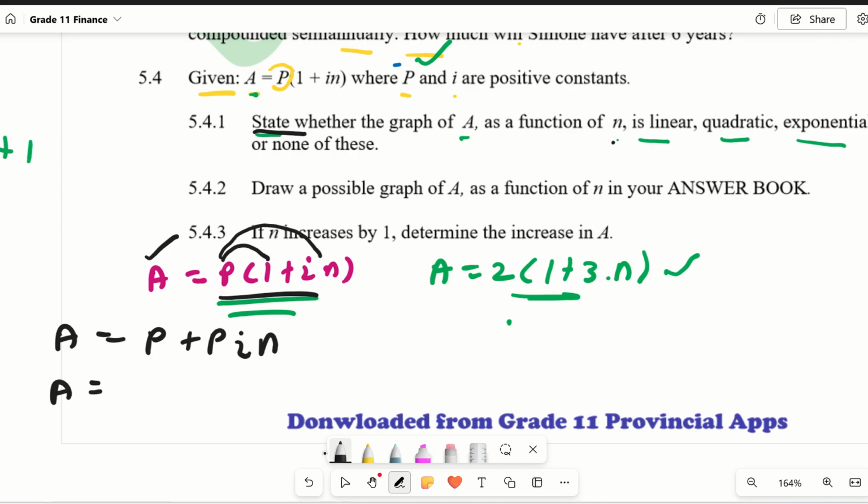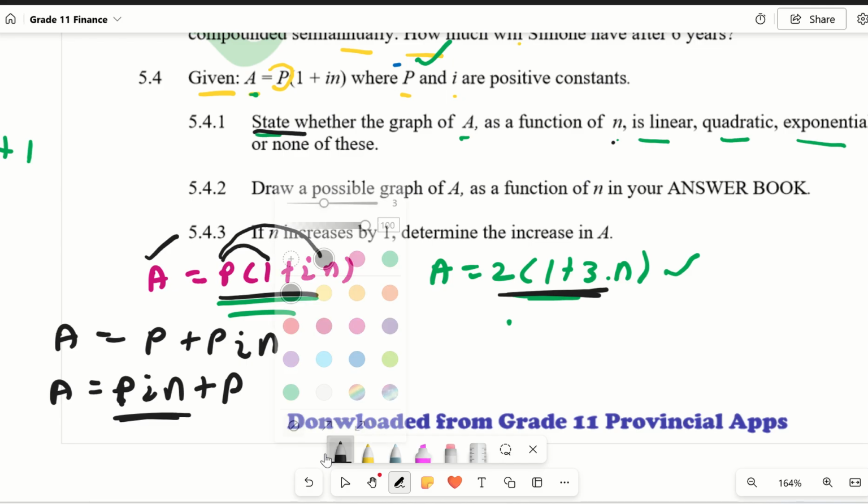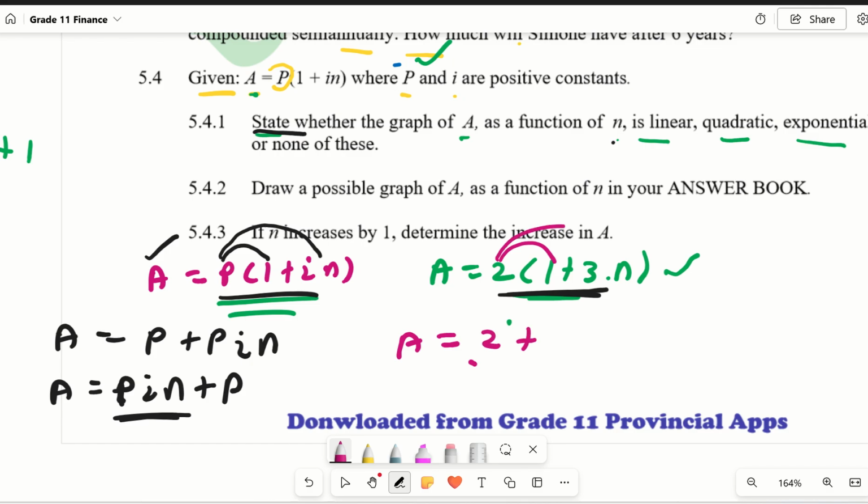So let's rewrite it starting with PIn plus P. So this is our expression. Let us also simplify this using our reference example: 2 times 3n gives us 6n, plus 2 times 1 gives us 2. So this is just A equals 6n plus 2. Is this a linear function, a quadratic function, or an exponential function?